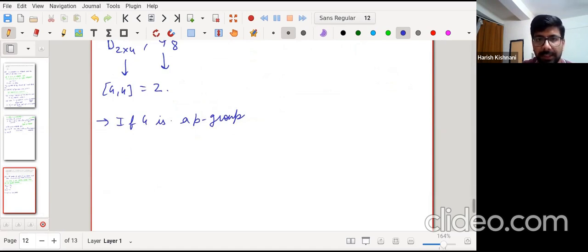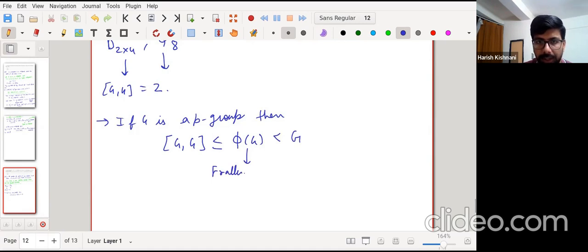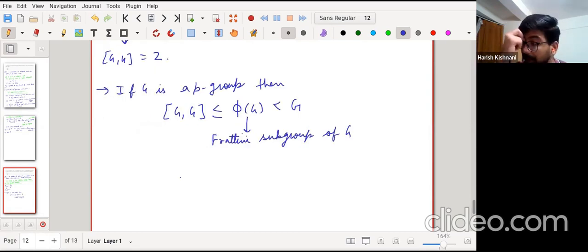So if G is a p-group, then the commutator subgroup of G is a subgroup of phi of G, and it is strictly a subgroup of G. This phi of G is known as the Frattini subgroup of G. You can Google it. By definition, it is just the intersection of maximal subgroups of G, and if there does not exist a maximal subgroup, which might be the case in an infinite setup, then it's just defined to be G.